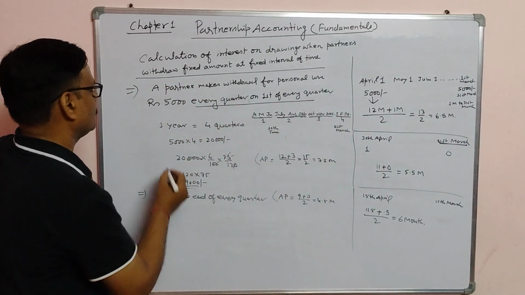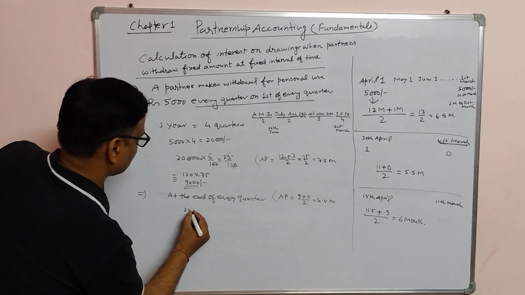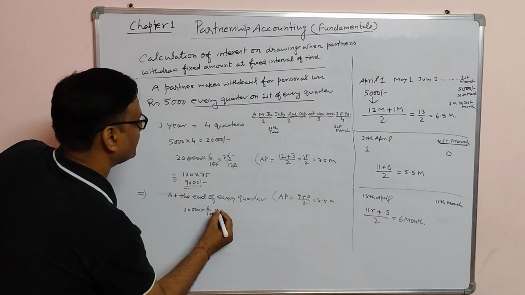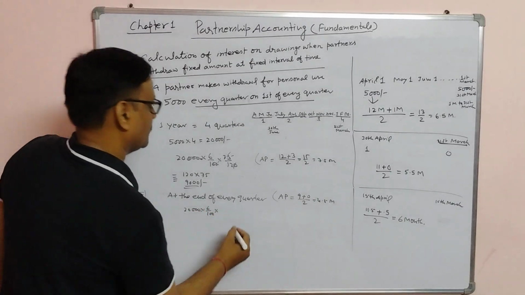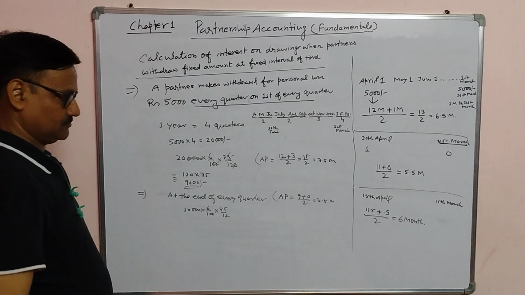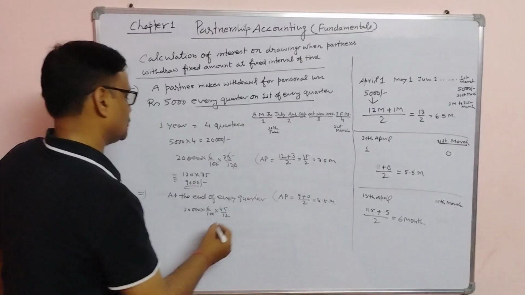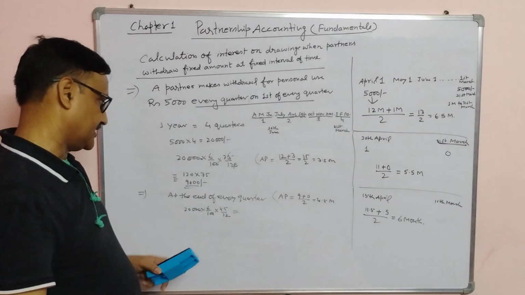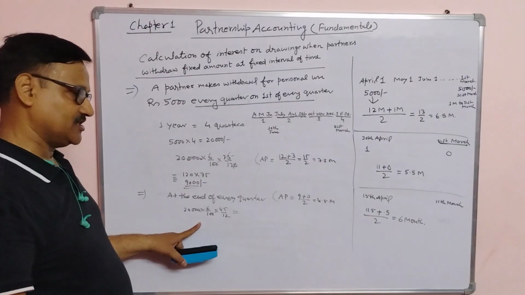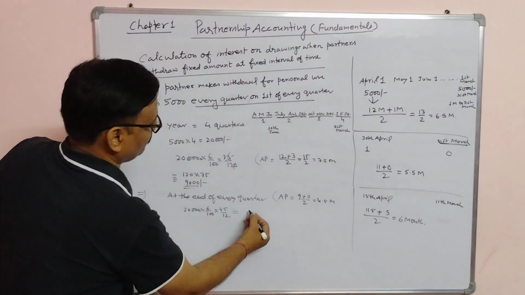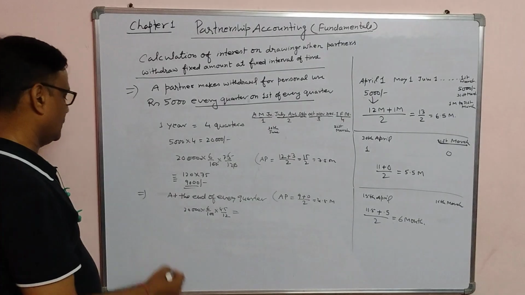So the total withdrawal is 20,000 into 6 upon 100 into 4.5 divided by 12. In this way we will calculate the interest on drawing which is being done at the end of every quarter. आप इसका वैल्यू कैलकुलेट करेंगे.